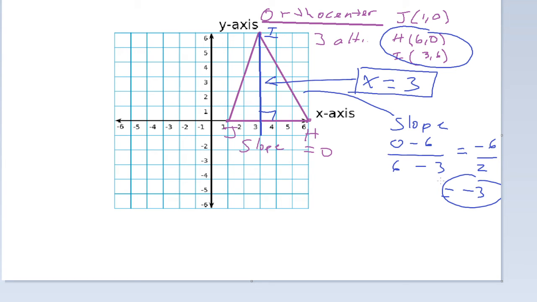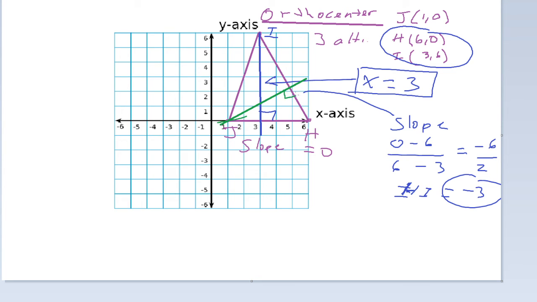So this is the slope of HI. Now, I need to find another line that is perpendicular to HI that passes through J. I need this line right here.